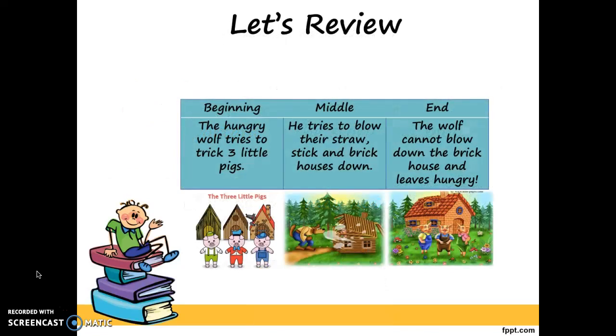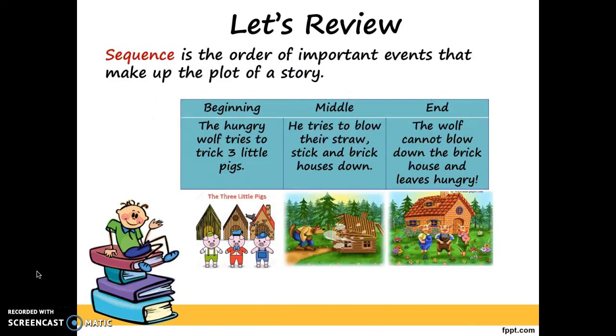We're all pretty familiar with the story of the Three Little Pigs. We can use the story of the Three Little Pigs to describe sequence. Sequence is the order of important events that make up the plot of a story. In the beginning of the story, the hungry wolf tries to trick the Three Little Pigs.